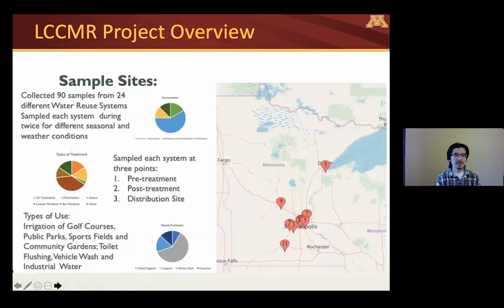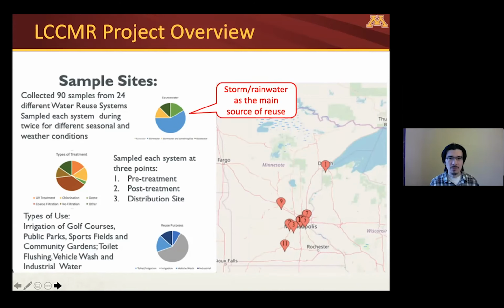Based on this LCC-MR funded project, we found that most of the reuse system uses stormwater or rainwater as the main source of reuse. The light blue pie is stormwater, and the light green is rainwater. So like 3/4 of the reuse facilities use storm or rainwater as the source.